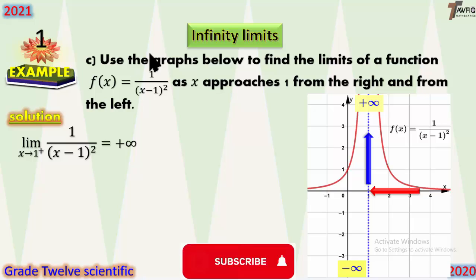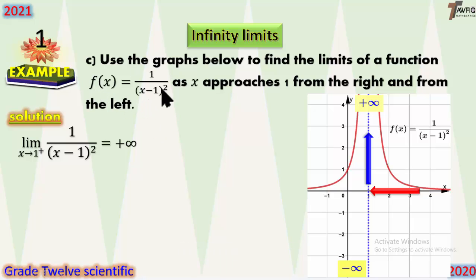But if only the function is given, how do we know it is positive infinity? As we said before, you can take a number bigger than 1 and replace it in the function. Let it be 2. 2 minus 1 is 1. 1 squared is 1. 1 over 1 is 1. It is positive.